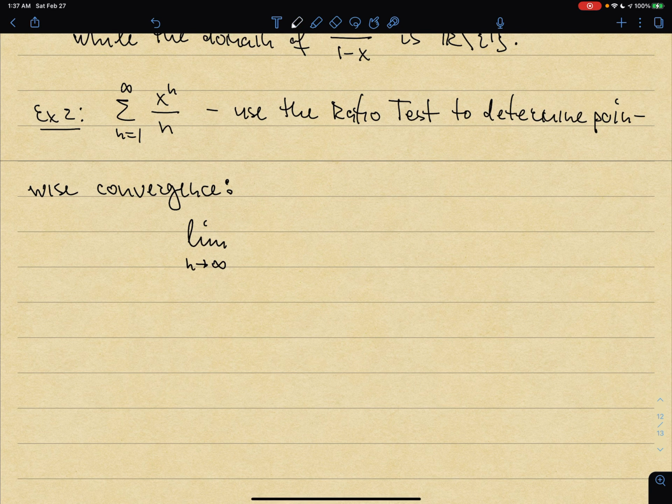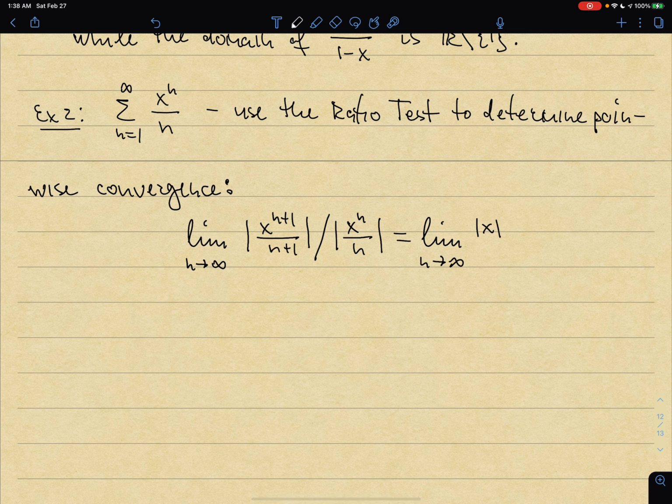The absolute value of the n plus first term is x to the power n plus 1 divided by n plus 1. We're dividing this by the absolute value of the nth term, x to the n over n. Now what's that? This is a limit as n goes to infinity. Only x here can be negative, so I'll put the absolute value around x.